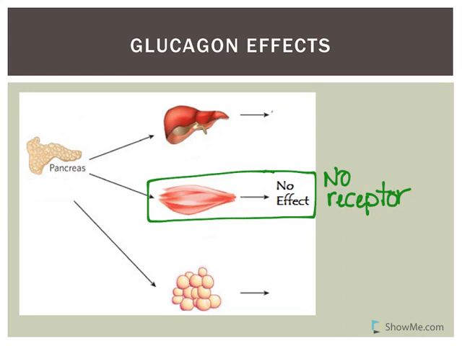If we look at the liver, the major effects are an increase in the breakdown of glycogen, or glycogenolysis, so we can have some glucose out into the bloodstream. It will also increase gluconeogenesis, the formation of new glucose.